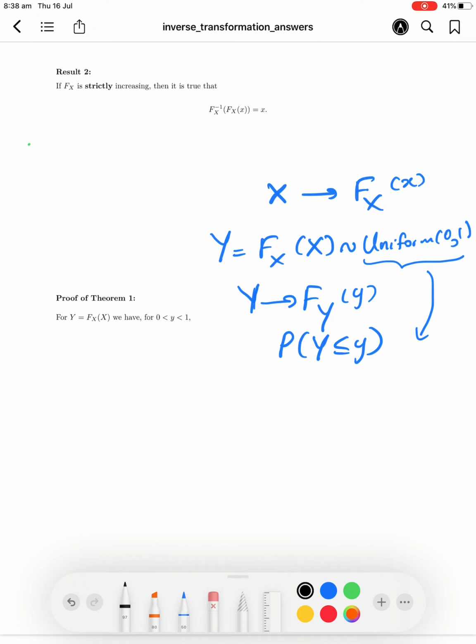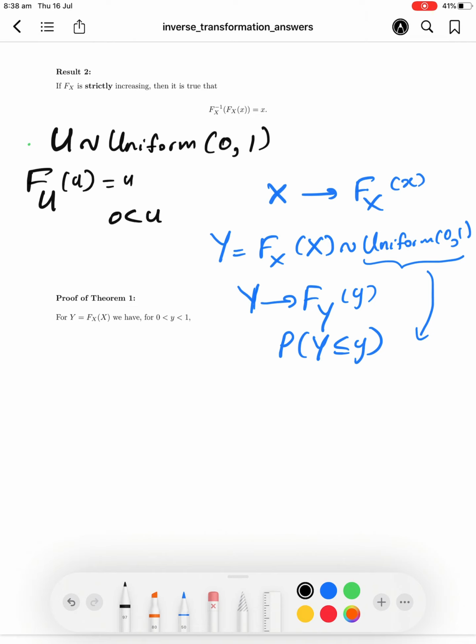So if we consider, let's say you have a random variable called u, and this follows a uniform distribution with parameters 0, 1, we know that the CDF is equal to u, where u is between 0 and 1. We derived this one before as well.